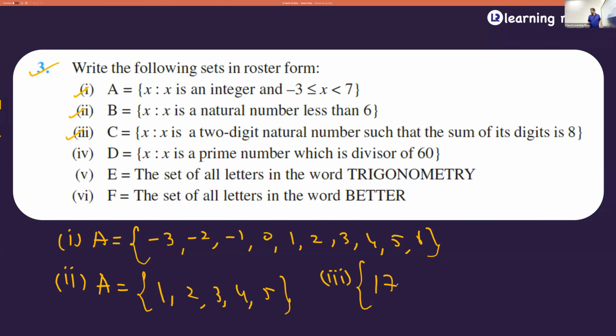After that, it's very simple. Increase one number by 1, decrease the other by 1. So 17, 26, 35, 44, 53, 62, 71. That's it, right? After that, you cannot have more.